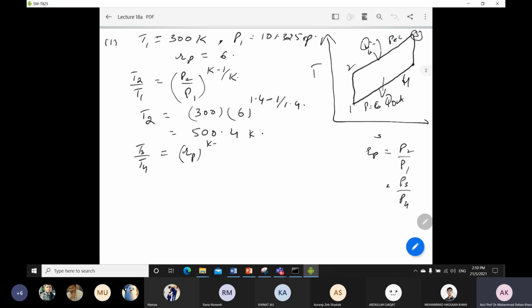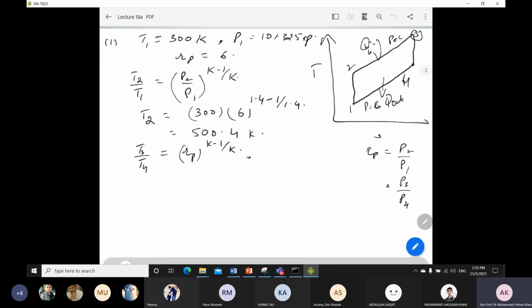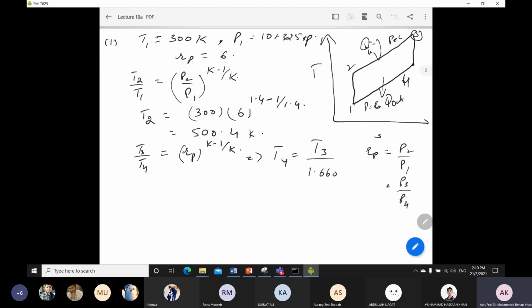So Rp to the power K minus 1 over K. From this equation we can generate one relation: T4 is equal to T3 divided by, if we put the value of Rp and the K value, it turns out to be 1.668. So this is another equation for T4.